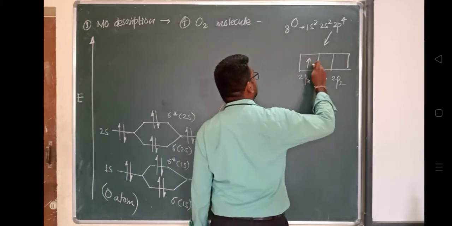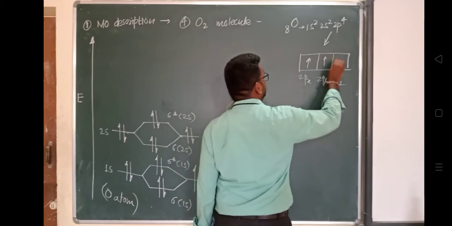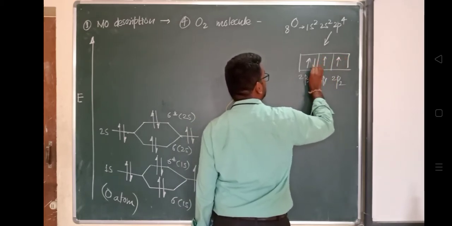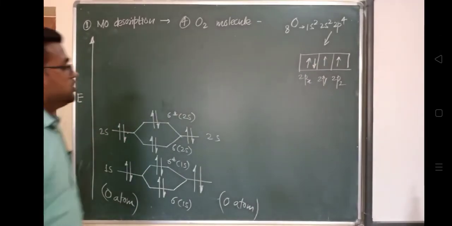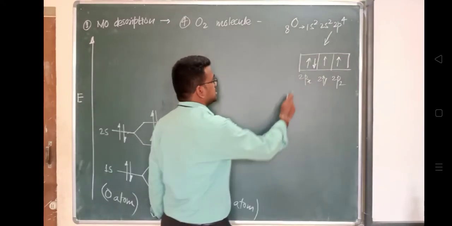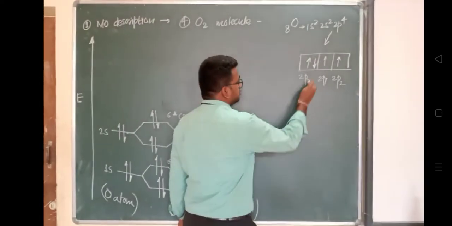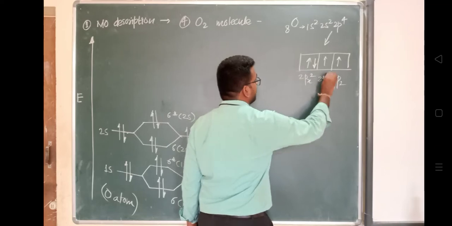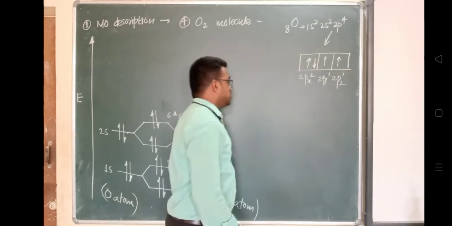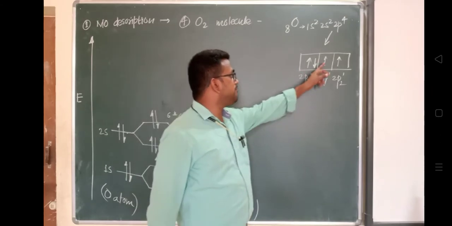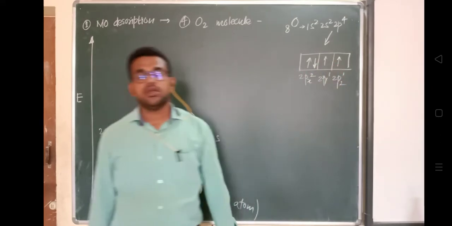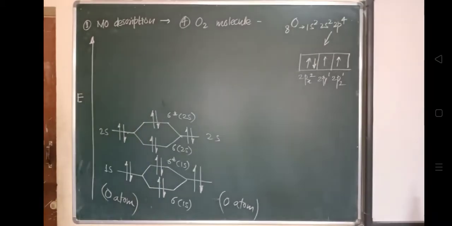One electron is placed in each, and in this way the 4 electrons get classified: 2px2, 2py1 and 2pz1. So the x orbital is completely filled, and the y and z orbitals are half filled. This is about the 2p4 orbital.